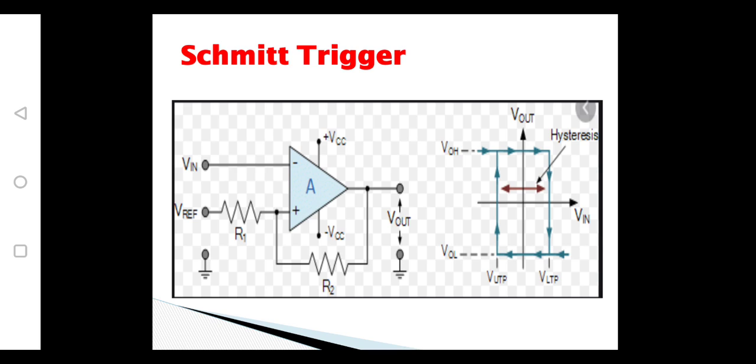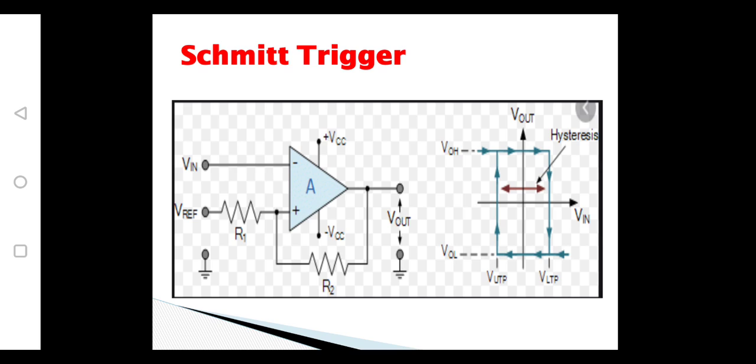The arrows represent how it is moving, that is whether output is changing from plus to minus or minus to plus, depending upon whether it is an inverting Schmitt trigger or a non-inverting Schmitt trigger.